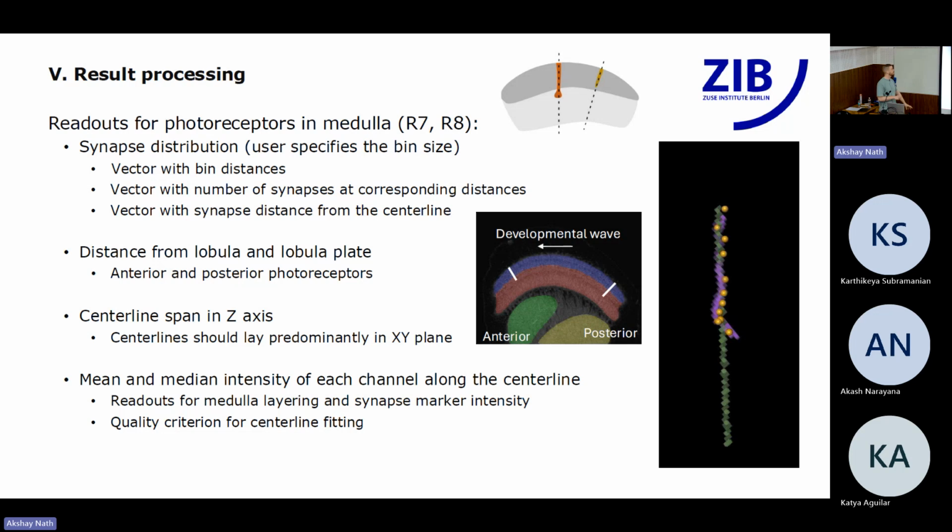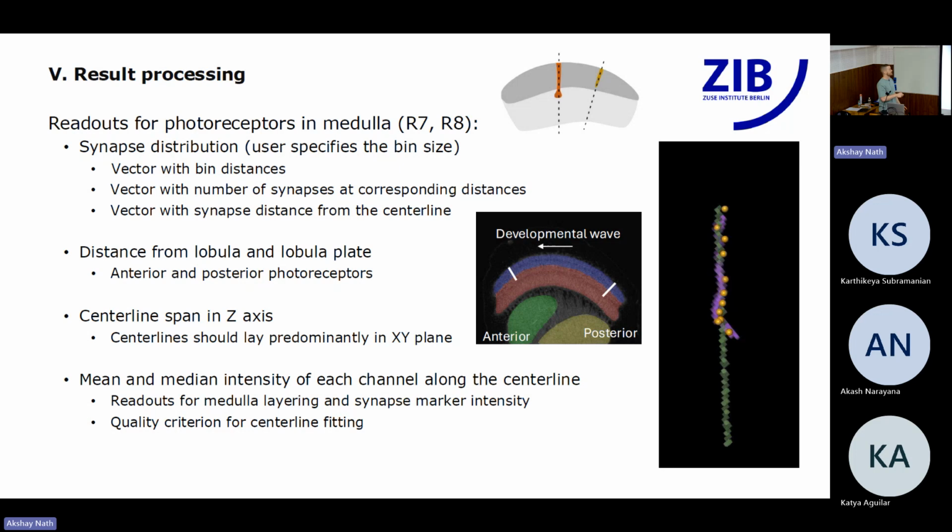So what are those? The main thing is the synapse distribution, because the synapse distribution tells us where the synapses are along the center line that we fit. This way, if you remember my introductory slide, we can figure out whether another non-typical neuron type is synapsing with this photoreceptor.